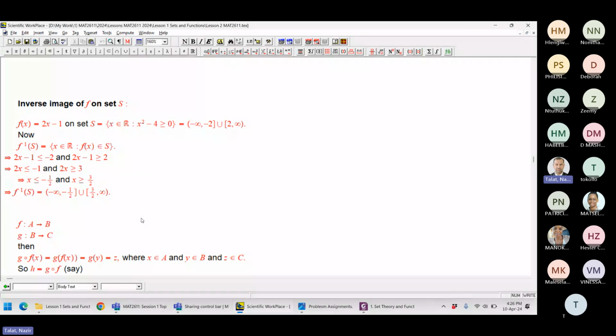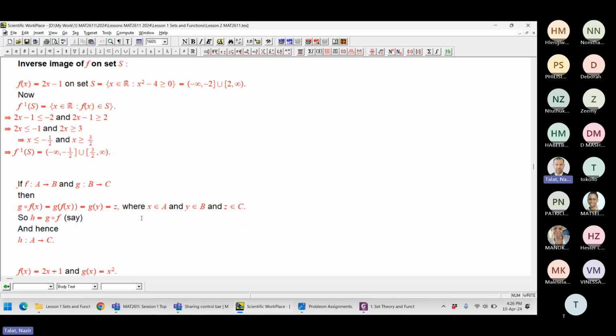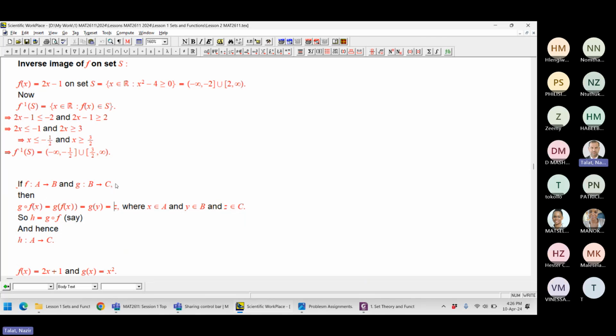For instance, f is a function from A to B, and g is a function from B to C. Then we can define another function which is called the composition function g o f. If we take x coming from A, then we need to apply f on it, and that will give us f of x.